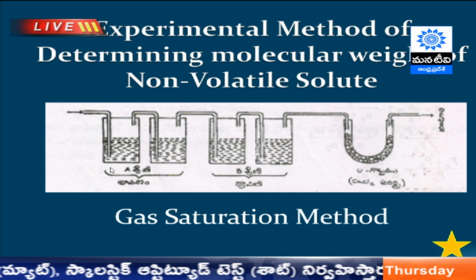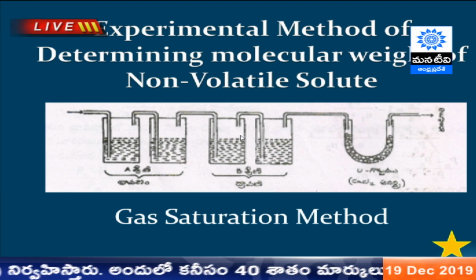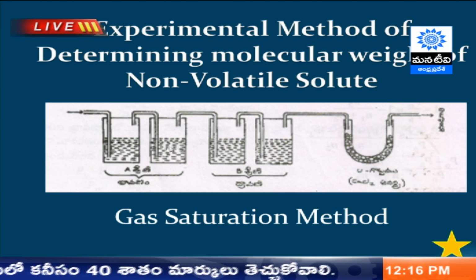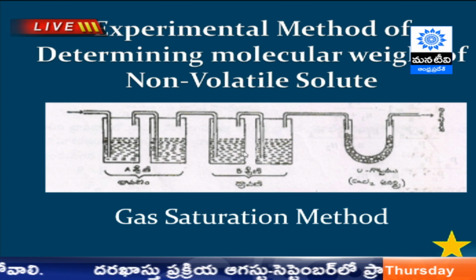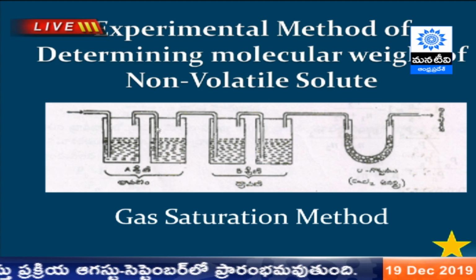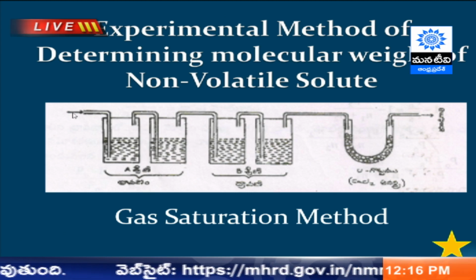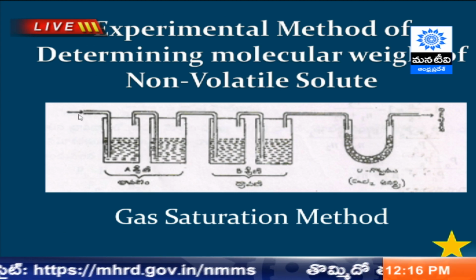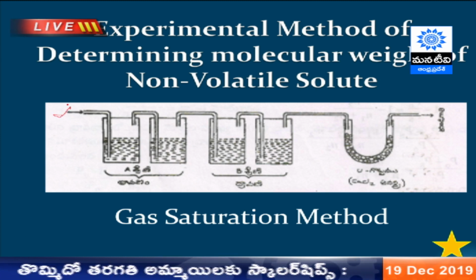The first has a solution and the second series has solvent. So two beakers containing a solution and two beakers containing solvent, linked with tubes that allow the flow of the vapors when dry air is passed at the left hand side end.